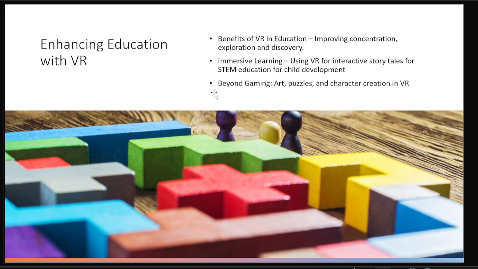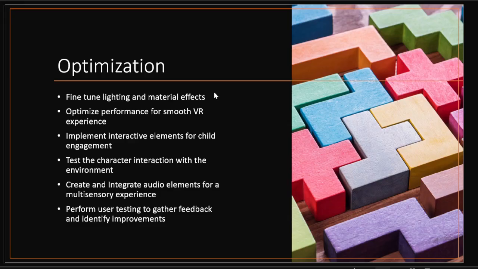You can create multiple different factors inside of the VR environment to help bring more awareness to not just secondary education, but also to early STEM technological experience for the new education system. So to help optimize some of this, you will need fine-tuned lighting and material effects.